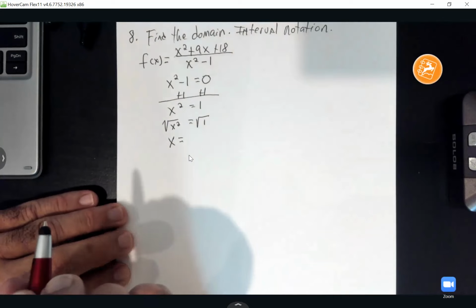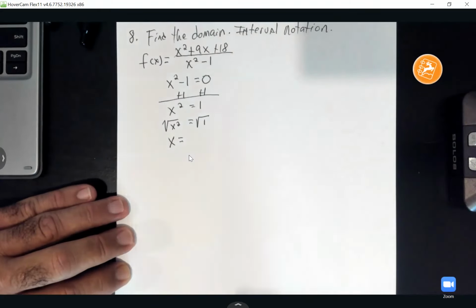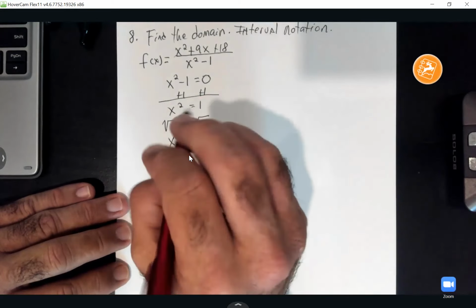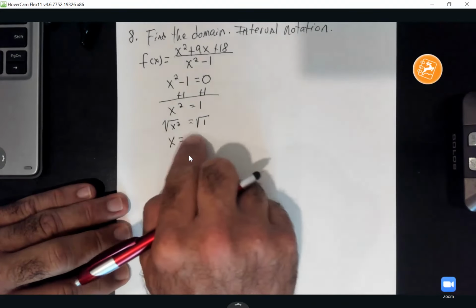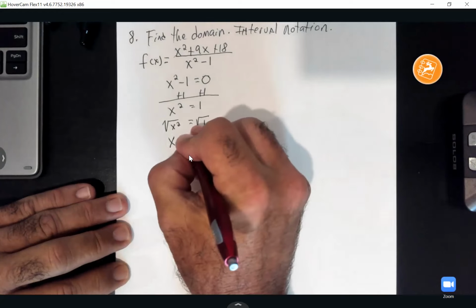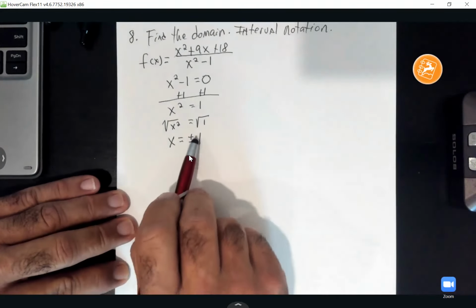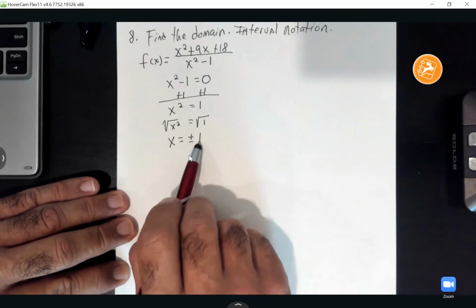Oh, I didn't get no responses out of that. Oh, what did you say? 1. So remember, since I'm solving this little equation, y'all, oh, plus or minus 1. Plus or minus 1. There you go. Because you got to exclude both of those values from your domain.